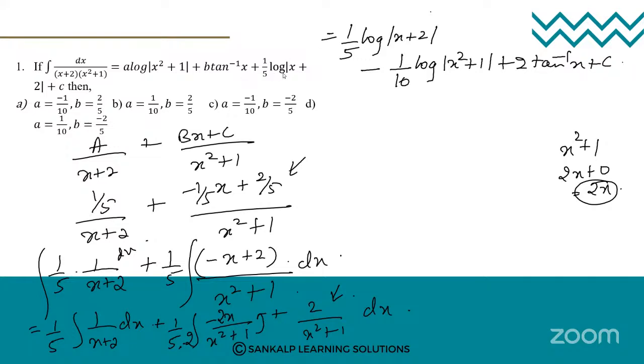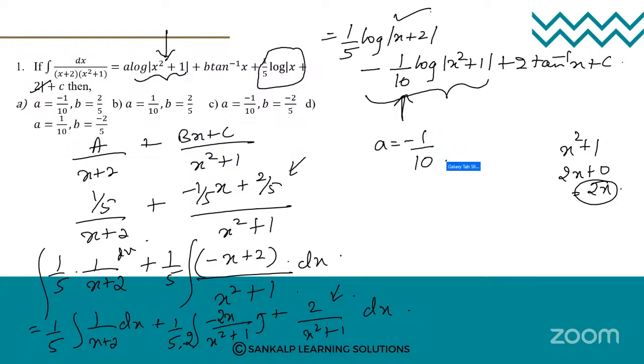So now see what we have. What did we get as the first term? 1 by 5 log x plus 2. Here what did we get? Minus 1 by 10 log x square plus 1. Where is that log x square plus 1? It is here. If you compare, in the place of coefficient a what is there? Minus 1 by 10. Then 2 tan inverse x, b tan inverse x. So if you compare, in the place of b what you have is 2.